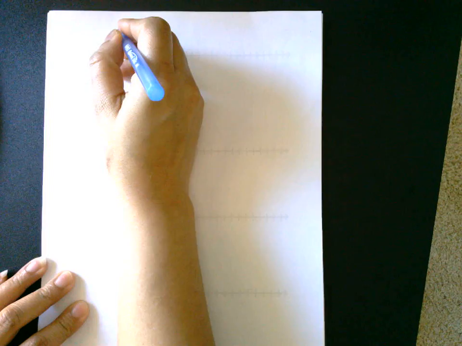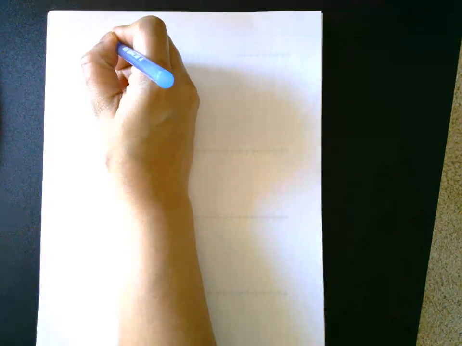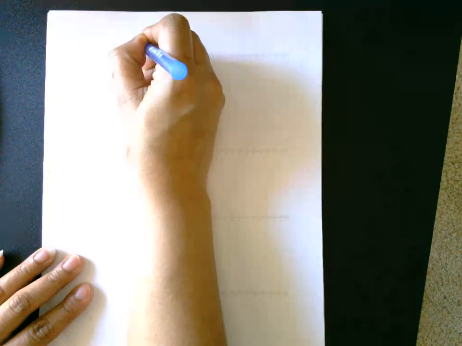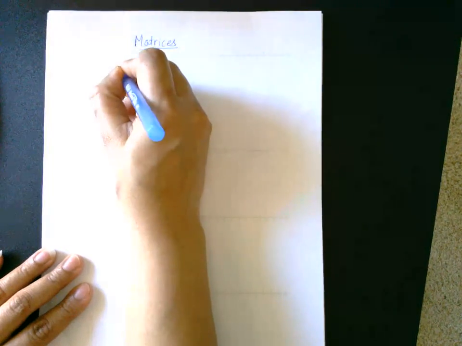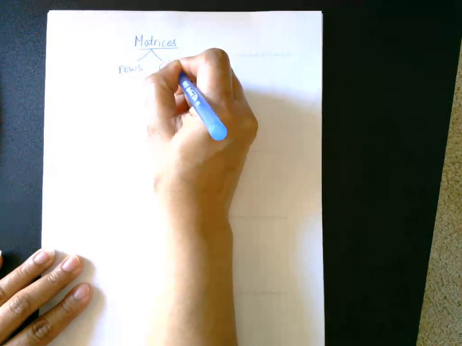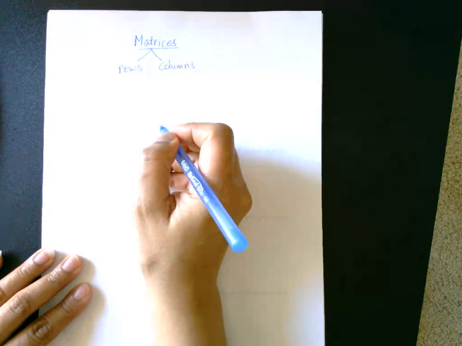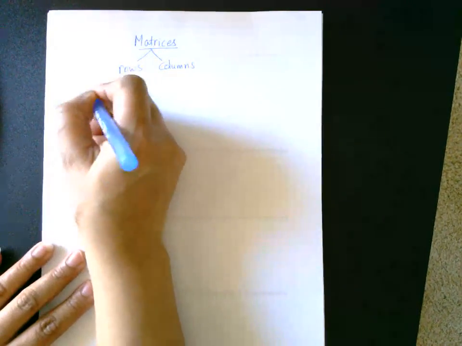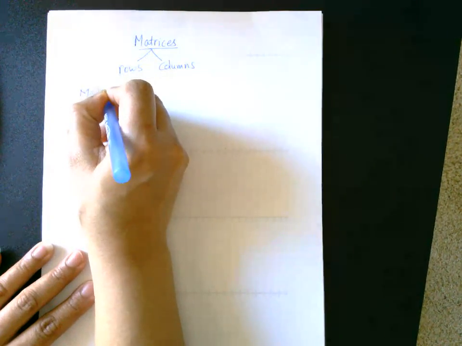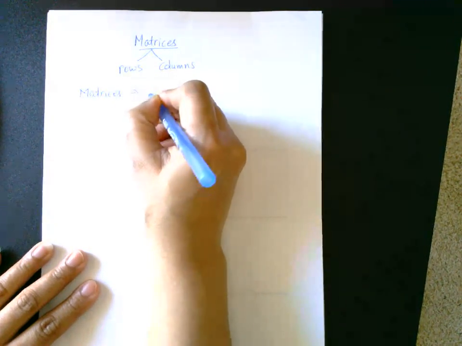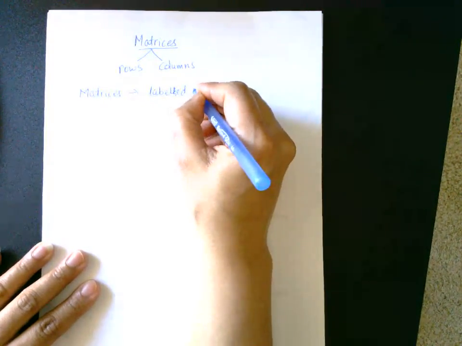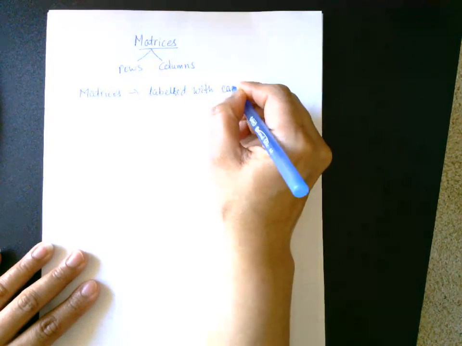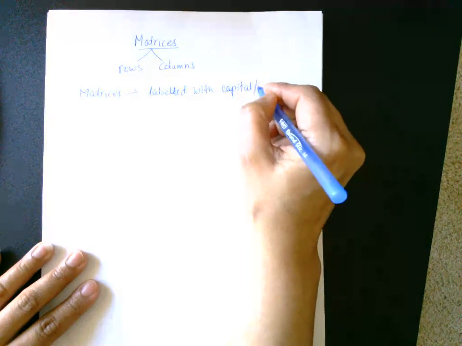Now, what is matrices? Matrices, we write in the form of rows and columns. Matrices are always written in rows and columns, right? Matrices themselves are labeled with a capital or uppercase letter.